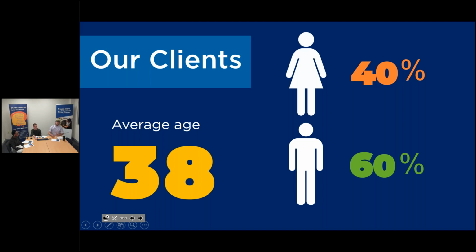I suppose the proportion of male gamblers is probably a little bit higher than that, but as with most mental health and support services, men tend to be more reluctant to access services than females.